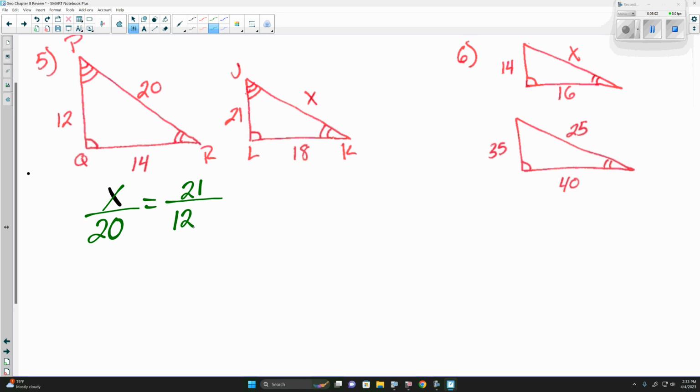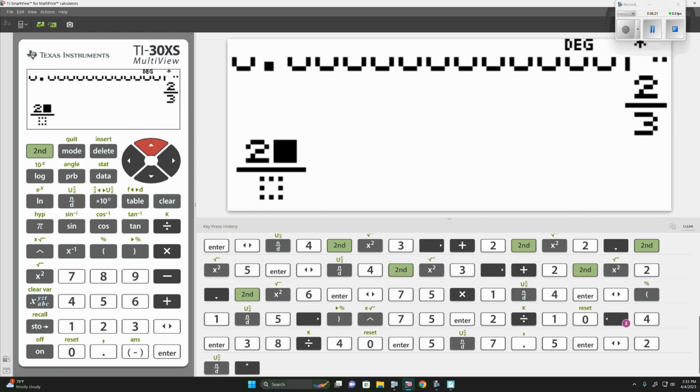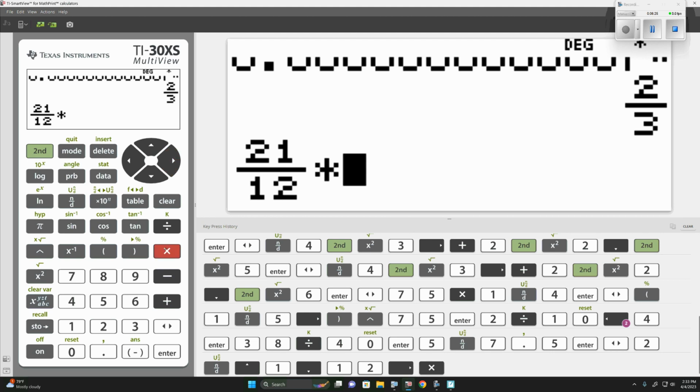Now at this point here, we can multiply both sides by 20. These would cancel. This is equal to, and at this point here, we could plug it into a calculator. 21 over 12 times 20.